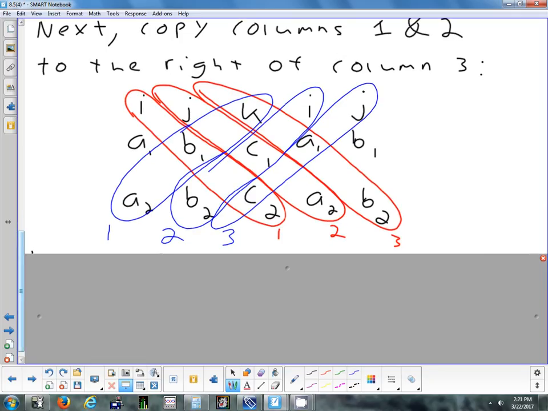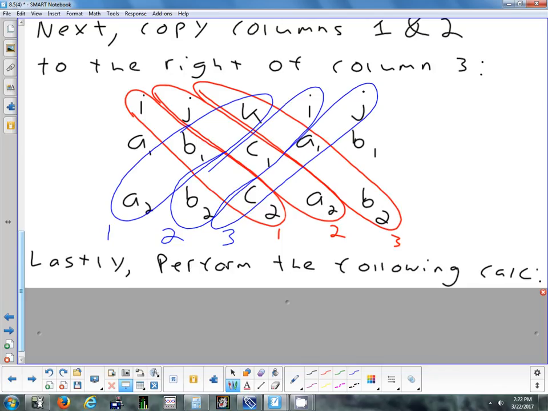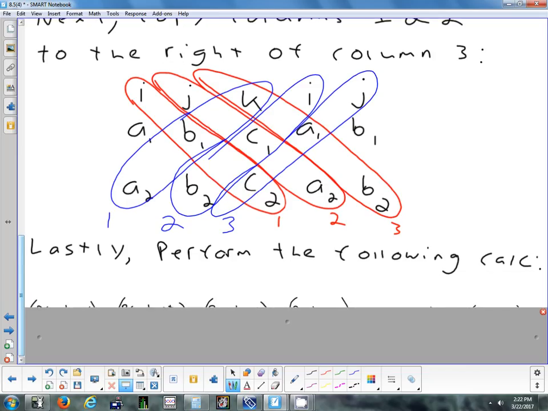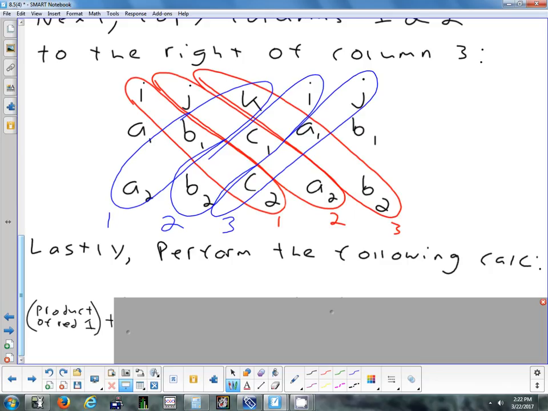Now we have to use that to solve it. Okay, and the calculation you have to do, it's just multiplication and addition, but you have to do it the way I'm showing you. First thing you want to do is take, and I used colors to try to make it clearer, take everything that's on red 1 and multiply it together. Take everything that's on red 2 and you're going to put plus the product of everything that's on red 2.